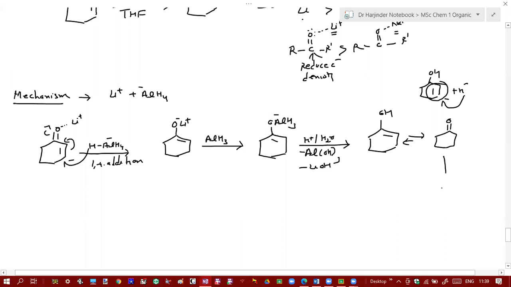it further reacts with another molecule of lithium aluminum hydride, in which this carbonyl group also gets reduced. So by the same mechanism, this carbonyl group will also get reduced. This becomes O negative, lithium positive.